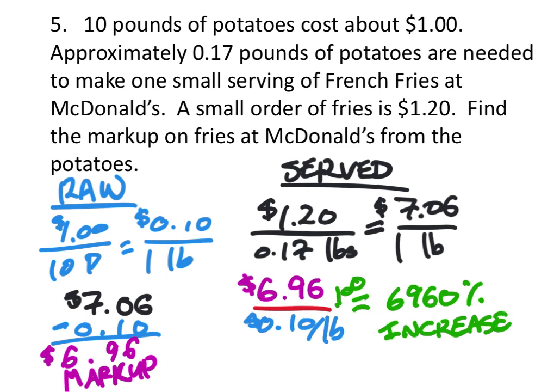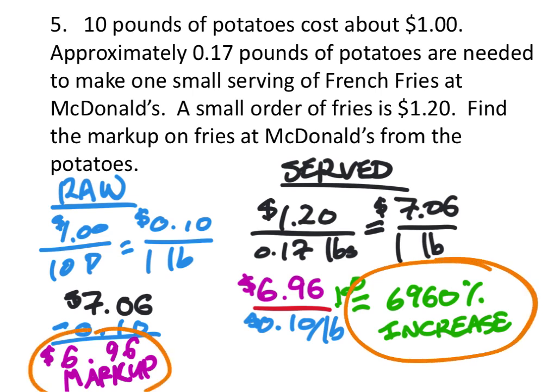And that kind of makes sense because you'd be paying 10 cents per pound for raw potatoes, but it's increased up to $7.06, which is almost 70 times what we started with. So yeah, we would expect a number like this one in terms of increase, which again relates to the lesson that we did last time. So one of these would work for the assignment, but they'll be a little bit more specific on the assignment about which one they want.